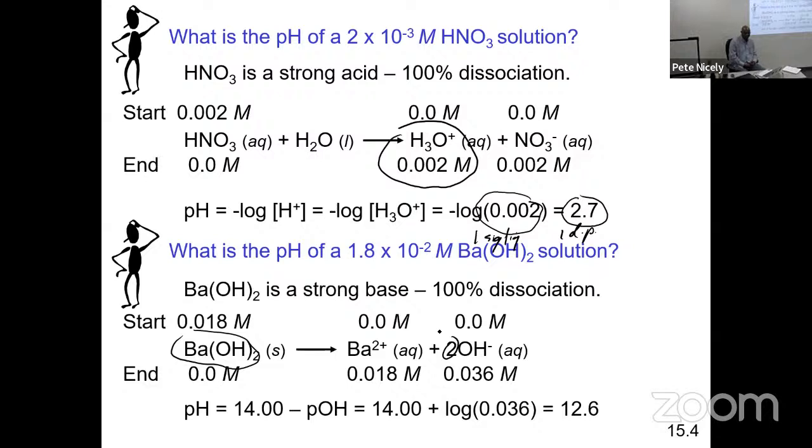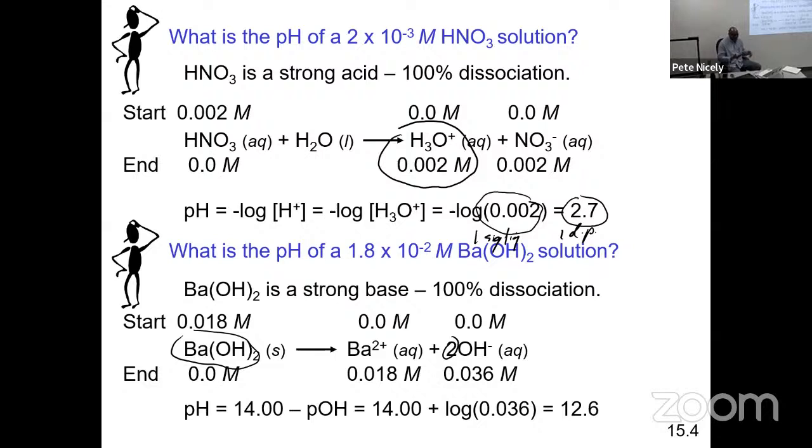12.6, all right? And another thing I want to suggest, whenever you're doing these calculations, you have to try to think about whether or not the answer makes sense, right? If a solution is acidic, that means the pH must be less than 7. If a solution is basic, that means the pH must be above 7, right? So if you're trying to find the pH of a basic solution, and you end up with a value less than 7, you know that something is wrong.